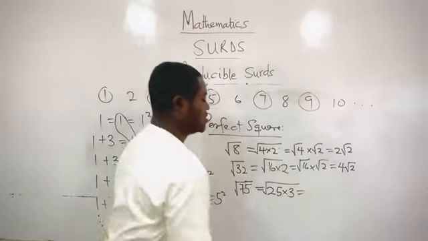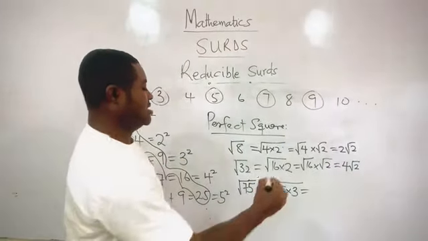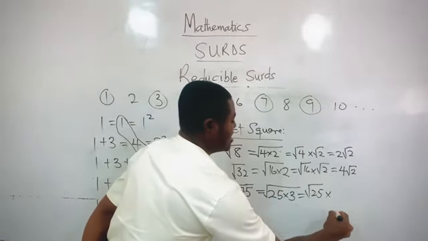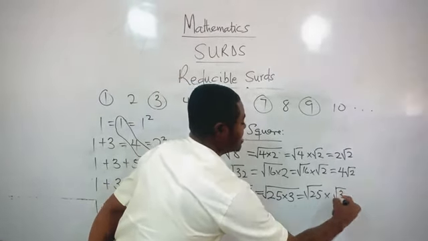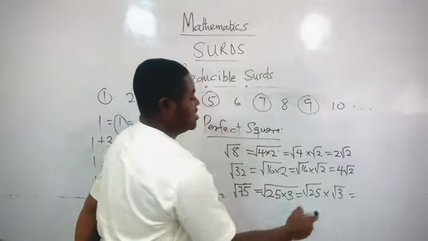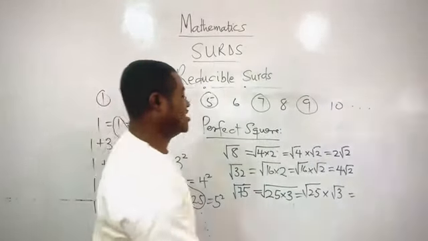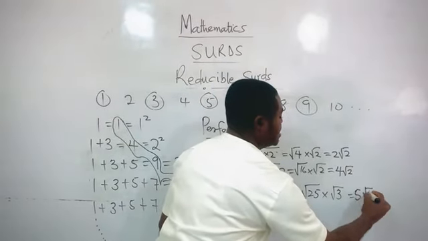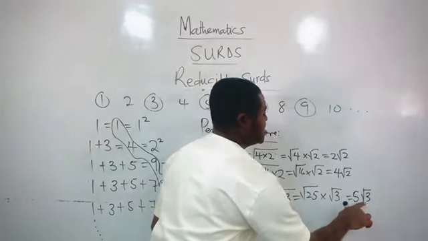So when you break this down, you are going to get root 25 times root 3. Root 25 is 5.